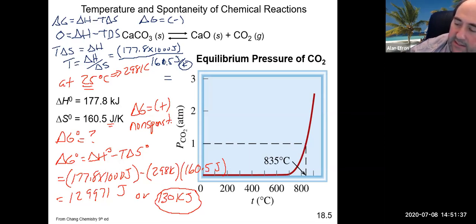And we get 177.8 times 1,000 divided by 160.5 gives me something like 1108 Kelvin. And what this temperature represents is the minimum temperature at which this reaction becomes spontaneous.